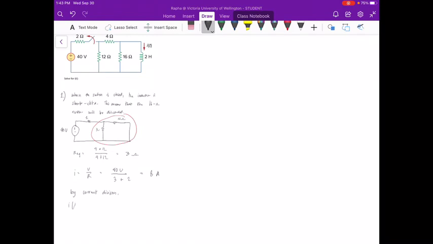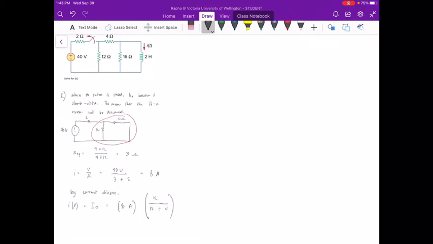So I sub 0 is equal to our main current, 8 amperes, times the adjacent resistance of this encircled network here, 12 ohms over 12 ohms plus 4 ohms.